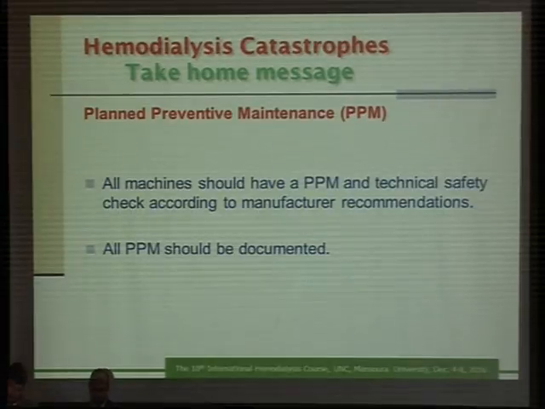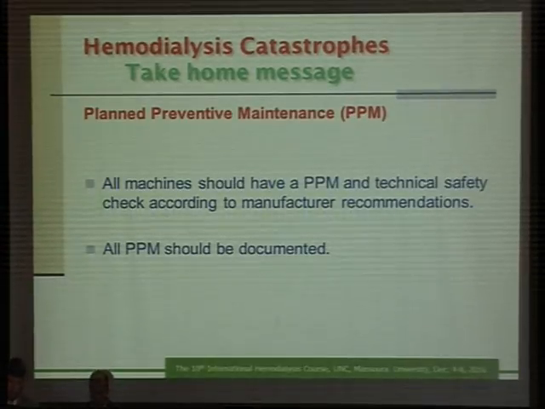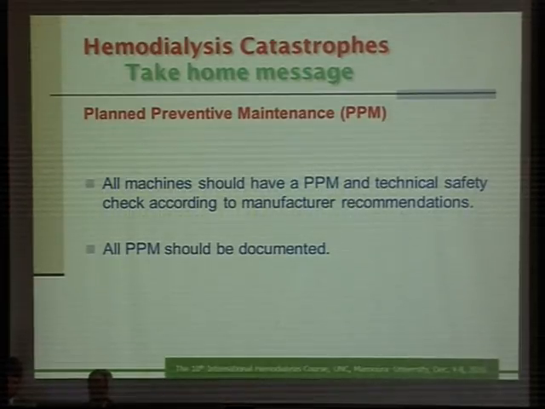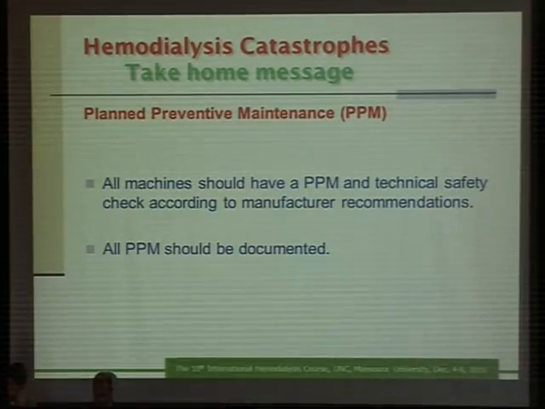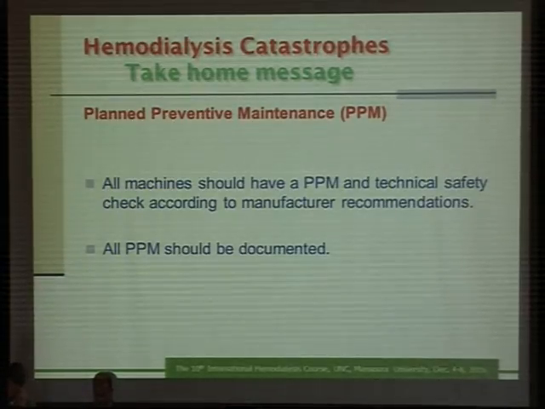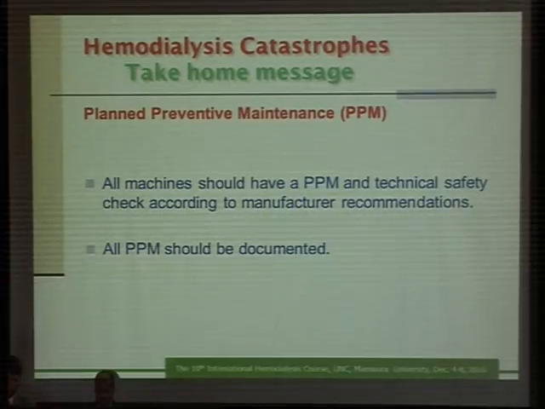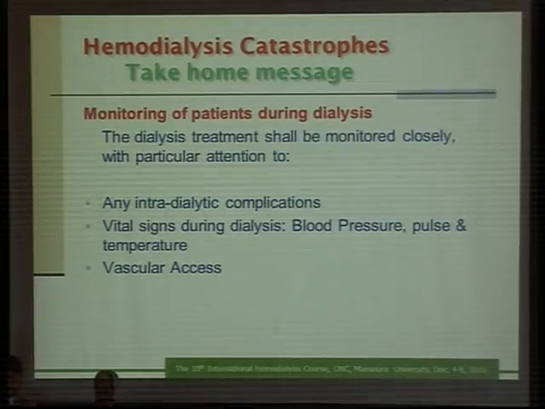And we should have planned preventive maintenance. By this we mean that all machines should have planned preventive maintenance and technical safety checks according to the manufacturer, and all of these should be documented.